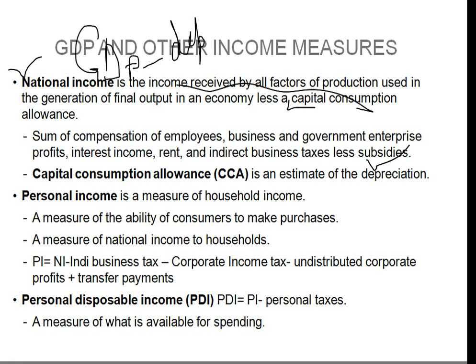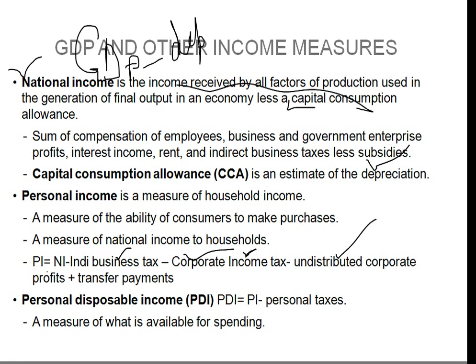So personal income is equal to national income minus indirect business taxes, corporate income tax, and undistributed corporate profits, plus transfer payments. Corporate income tax: we can see it in corporate finance; corporations have their own taxation system and are taxed for their separate identity. Undistributed corporate profits are the profits which companies do not distribute. Transfer payments are what we get in the form of pensions, zakat, or anything received without consideration.